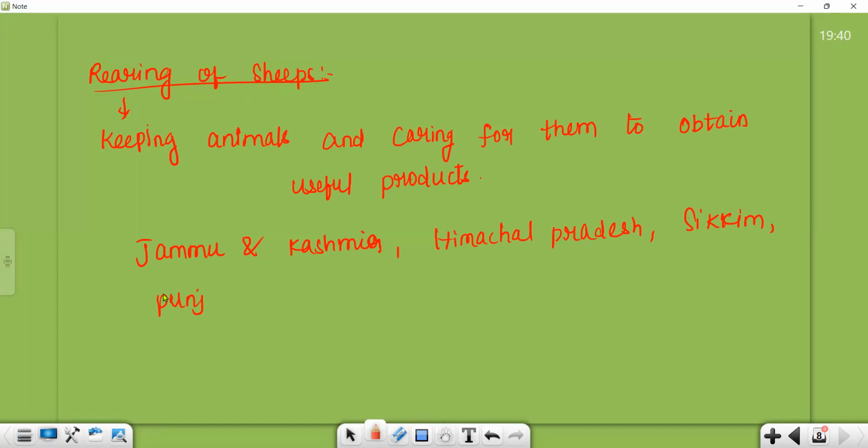It's not apiculture. Then what is silkworm? Sericulture, ma'am. Okay, then what is apiculture? Ma'am, the rearing of sheep is called apiculture, I'm thinking, ma'am.